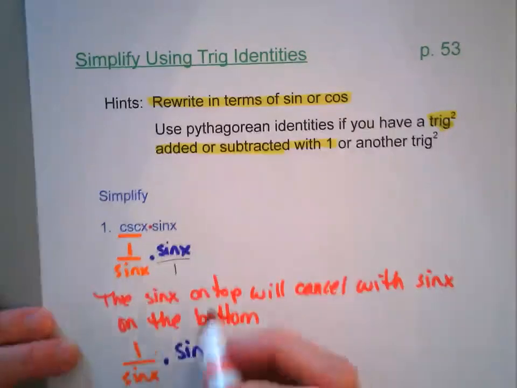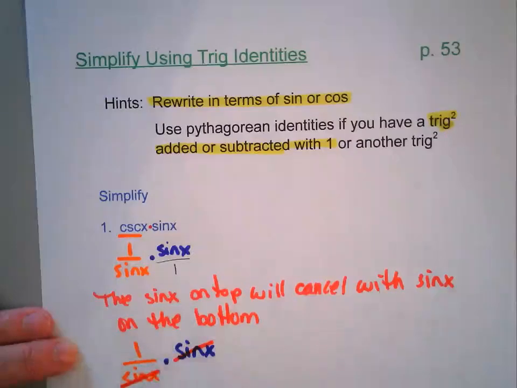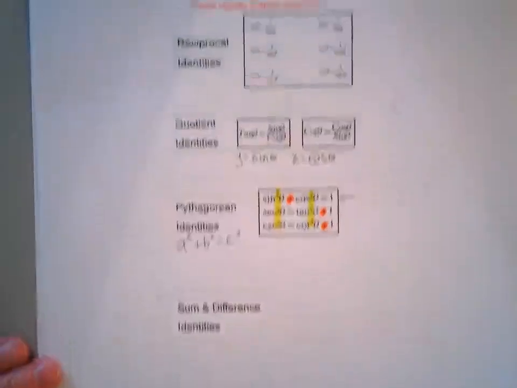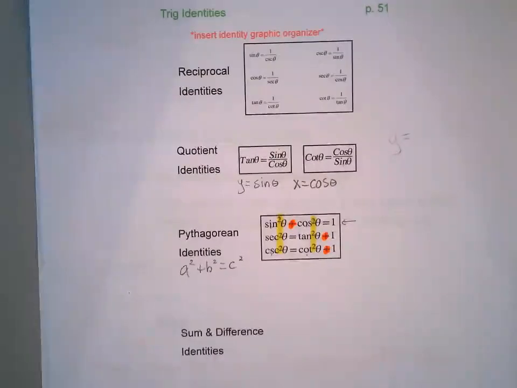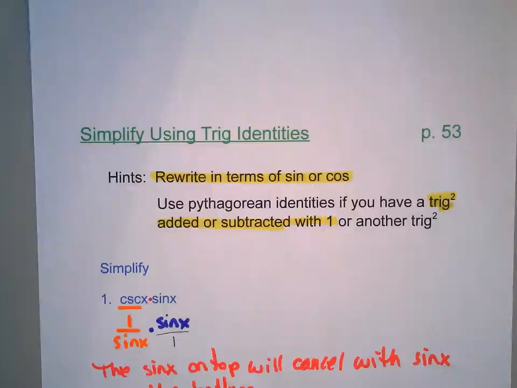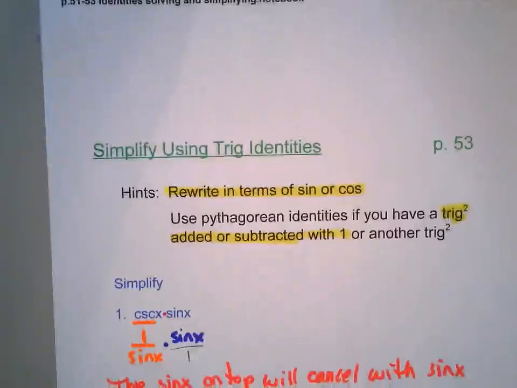Since you have a sine x on the top and a sine x on the bottom, those will cancel. And so we ask, hey guys, what's remaining? The only thing that's still here is a 1. And that's the simplification of that problem. Again, it's really going to help if you recognize and can recite these trigonometric identities relatively quickly. The better you know your identities, the more efficient you'll get through these problems.